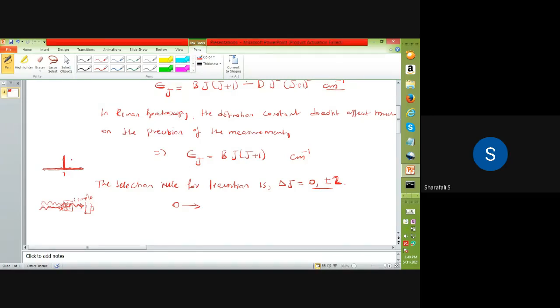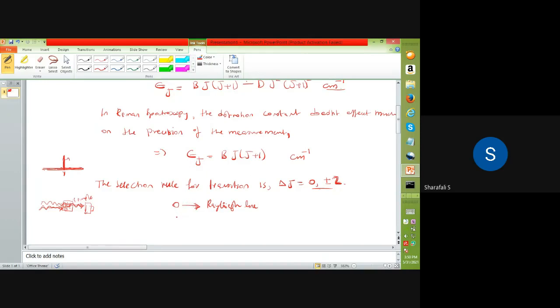We called this particular band the Rayleigh scattering, or Rayleigh line. This process is nothing but Rayleigh scattering, and it is elastic.